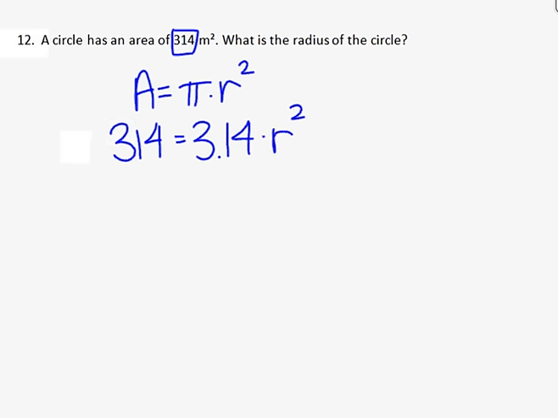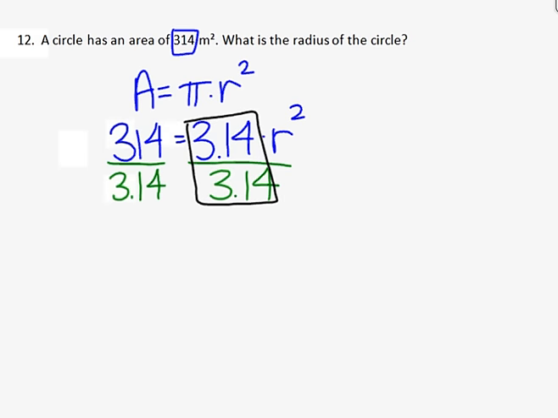All right, I'm going to divide by the coefficient on both sides. So divide by 3.14. And the right-hand side, that's going to simplify down to 1. So we'll just get radius squared. And then 314 divided by 3.14 is 100.